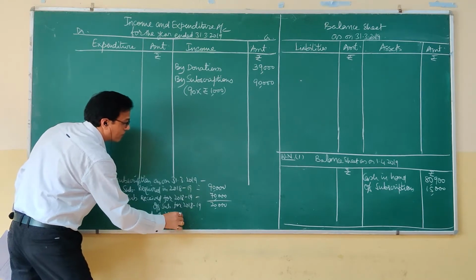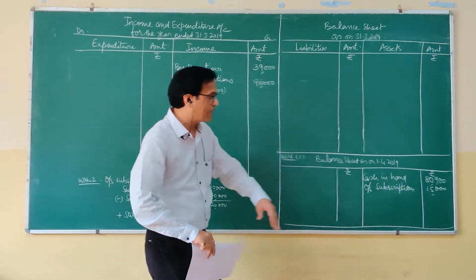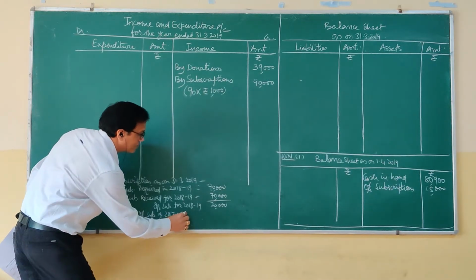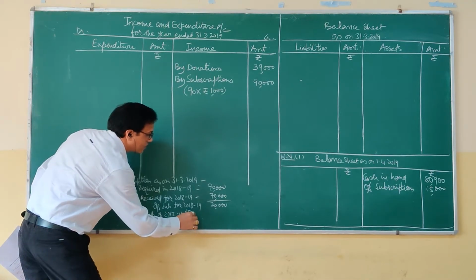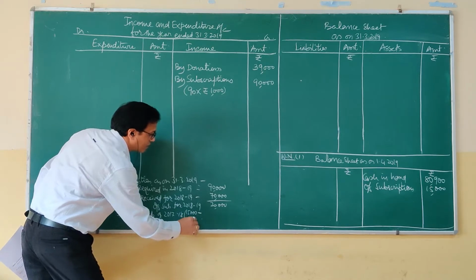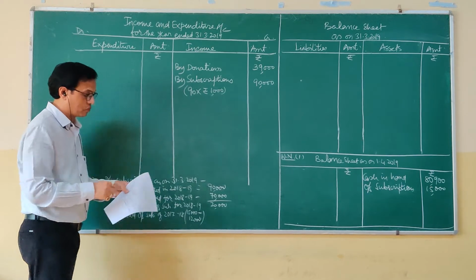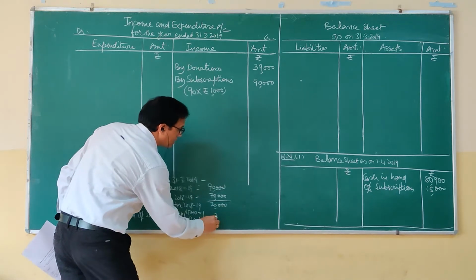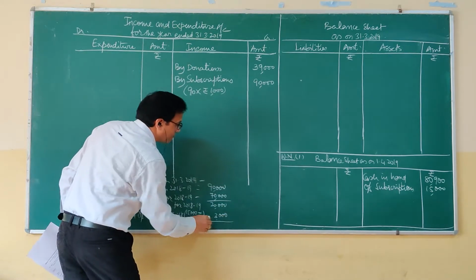17-18. How to calculate? How much was outstanding for 17-18? 15,000. How much of 17-18 was received? 15,000 minus 12,000 received. It is given in the receipts and payments account: 12,000 received for 17-18. So how much is still outstanding of the previous year? 3,000.